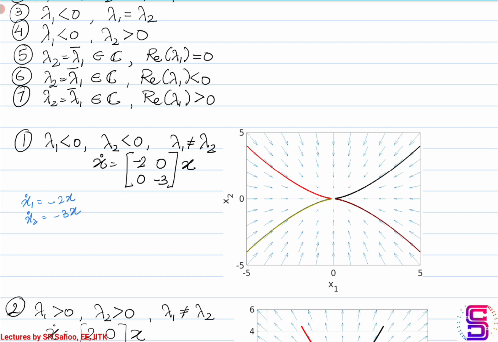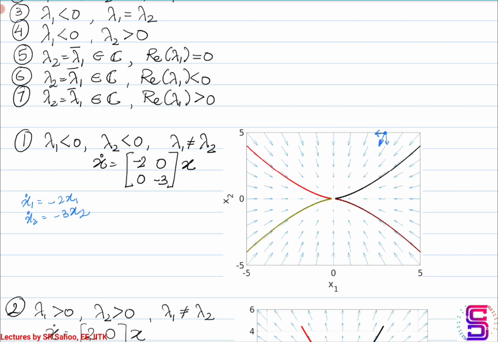If this is a point that you have in the phase space, then this would be the vector minus 2 x1, and this would be the vector minus 3 x2. So the resultant vector is essentially going to be this.